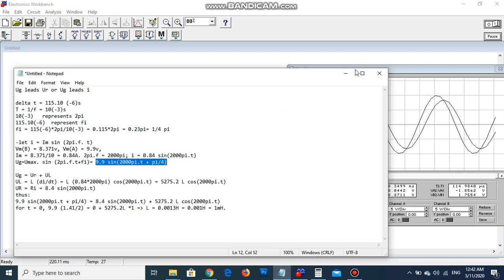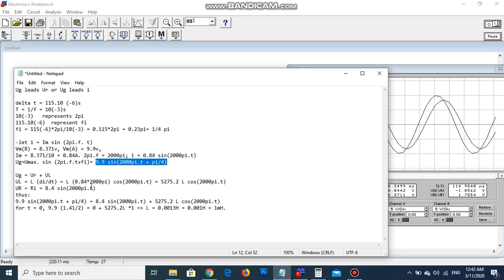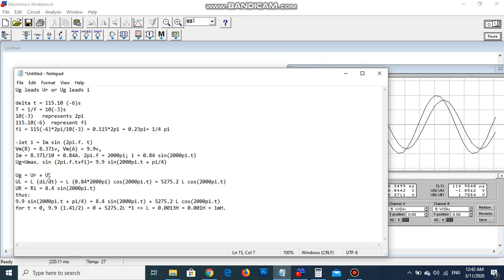The last goal is, I assume that the coil has unknown inductance and I want to calculate it. How to calculate it is by using the law of addition of voltages, UG equals UR plus UL. But UL is not known, but it is L di over dt.